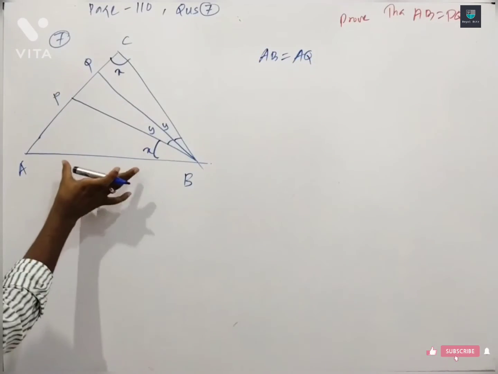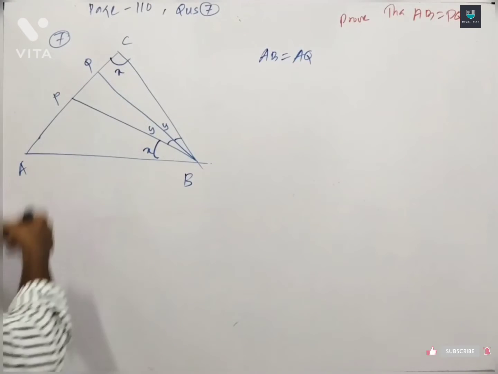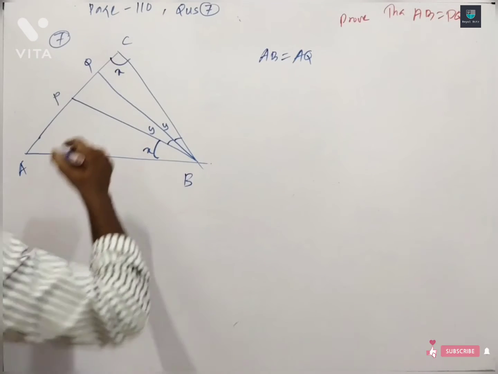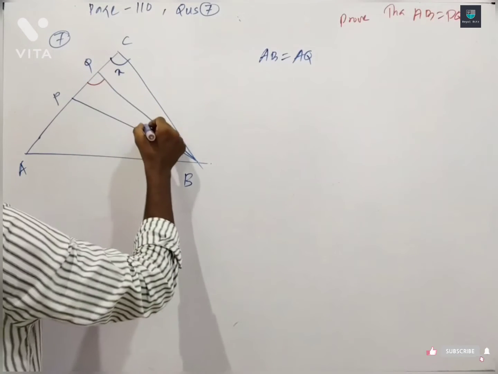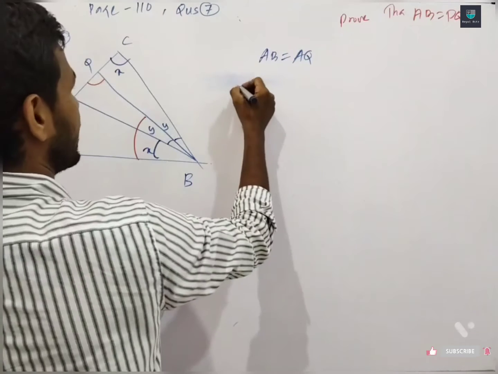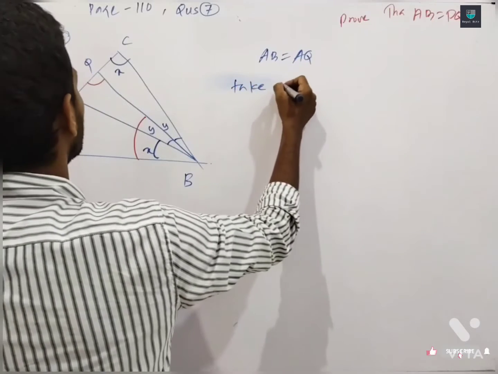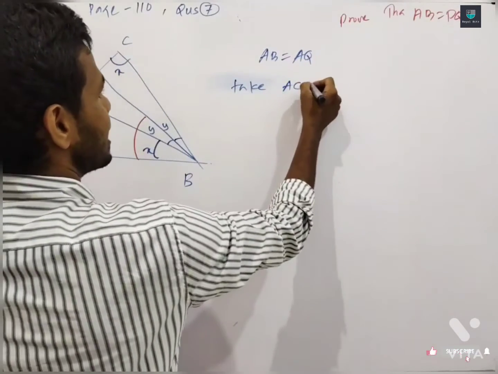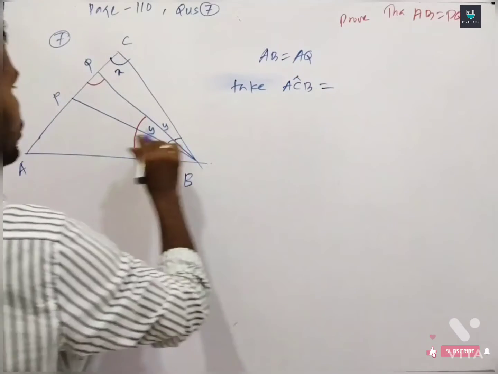Obviously, the angle opposite AB and the angle opposite AQ should be equal. That is the idea. This angle and this angle are the same.